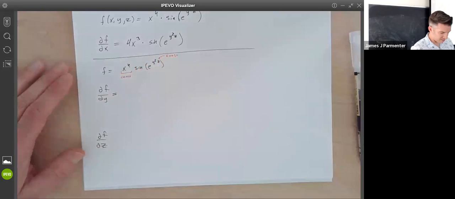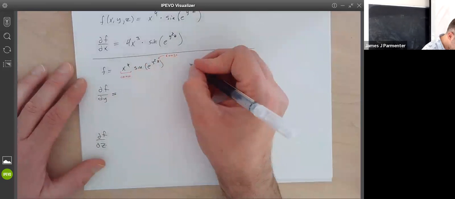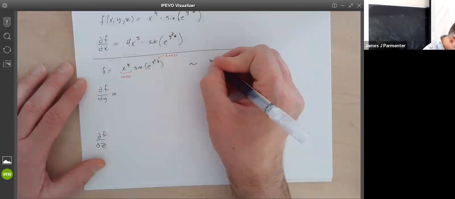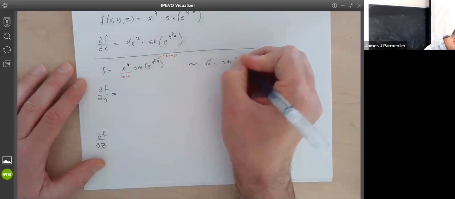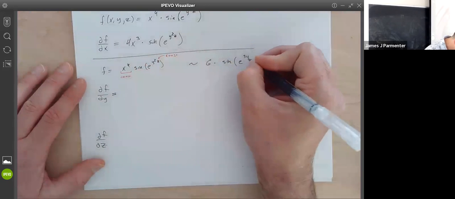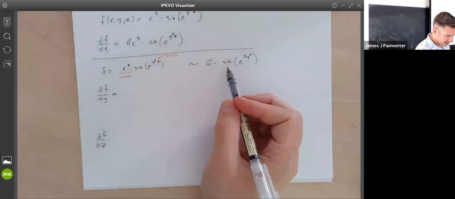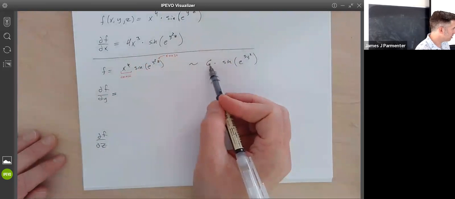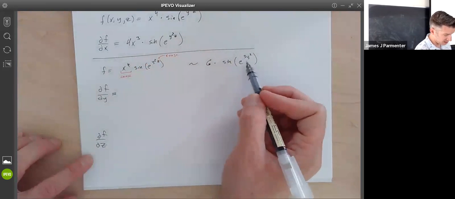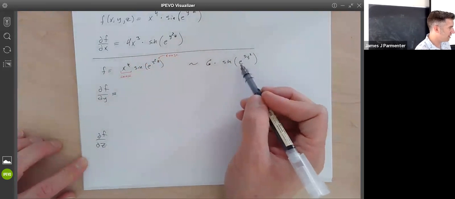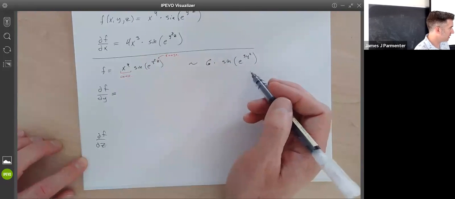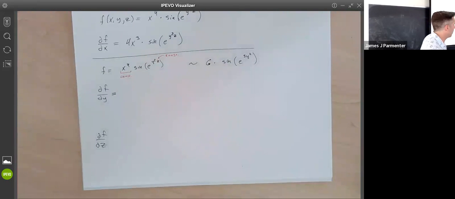So I'm kind of thinking of something like 6 times sine of e^(3y^2). That's kind of what I'm imagining I'm taking the derivative of. When I take the derivative of that, the 6 is going to hang out. I'm going to get the derivative of sine of some stuff, which will be cosine of the stuff times the derivative of the stuff. So you don't have to actually plug in numbers, but I find it really helpful.